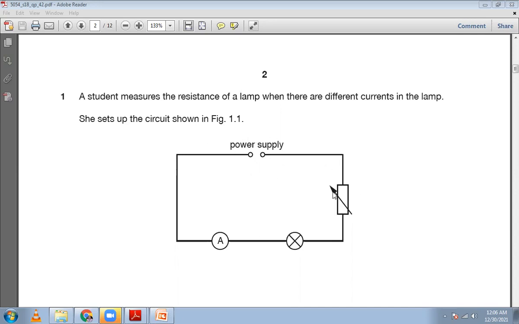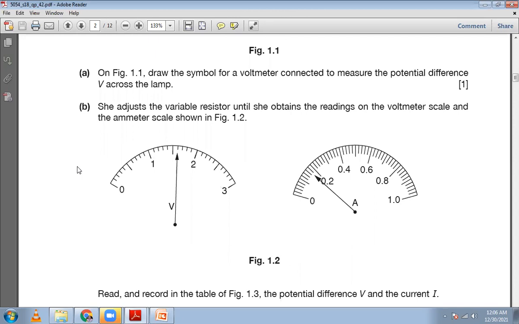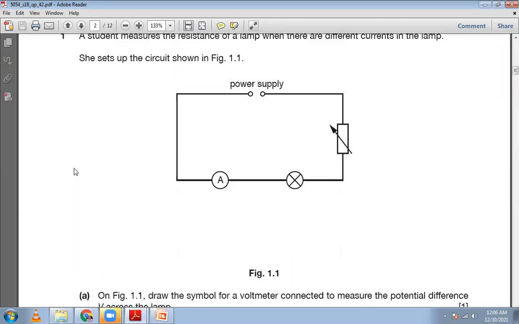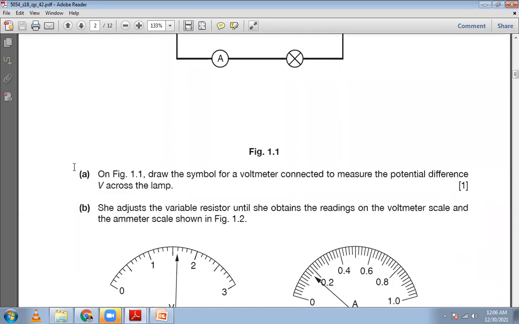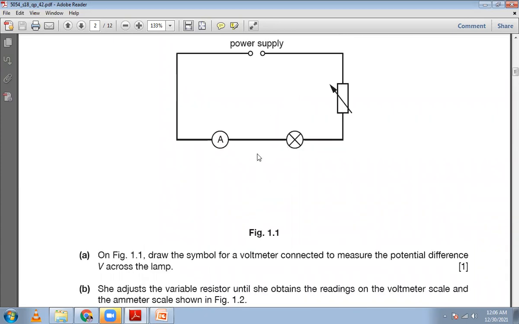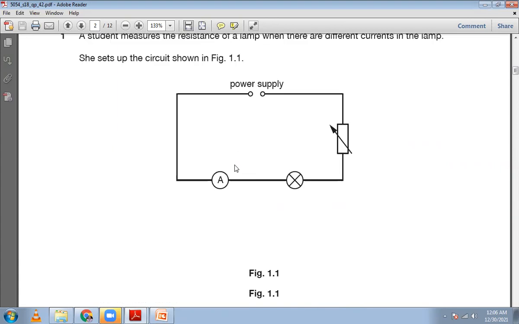So here we have a power supply, and here we have a rheostat, or we call it the variable resistor. Its resistance can be changed. Here we have a lamp, and here we have an ammeter. On figure 1.1, draw the symbol for a voltmeter connected to measure the potential difference V across the lamp. So I will put a voltmeter here, parallel to this lamp.